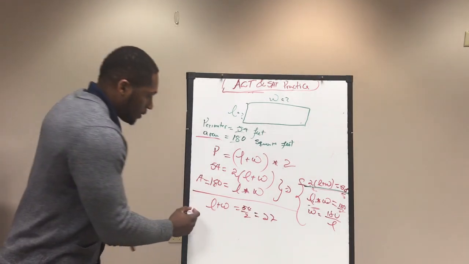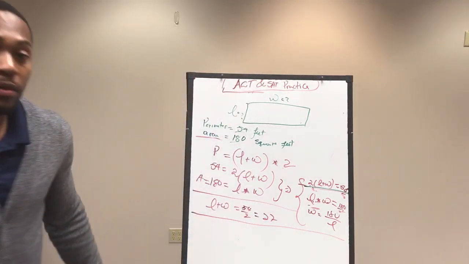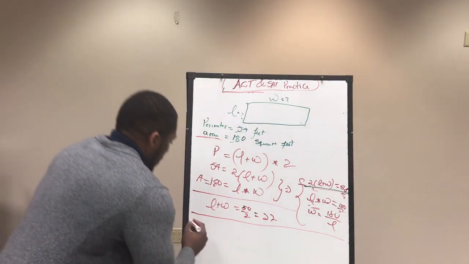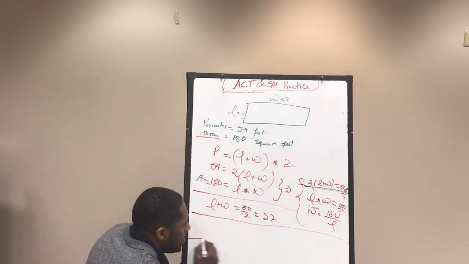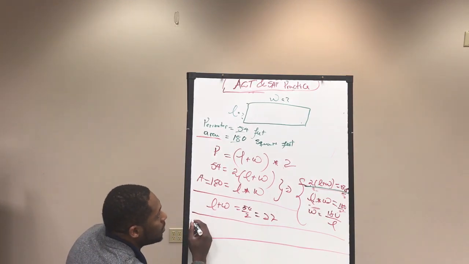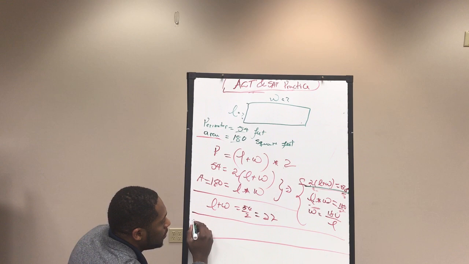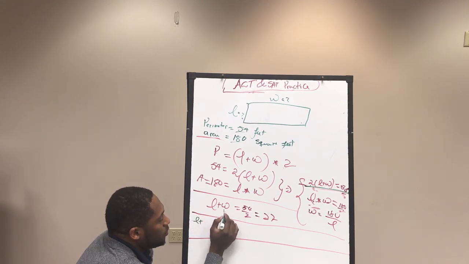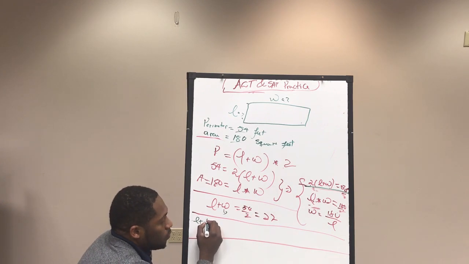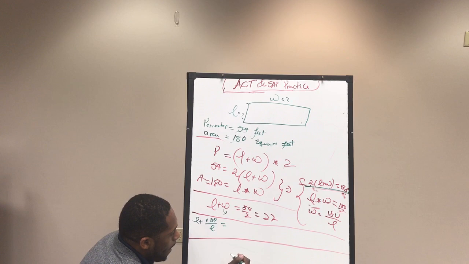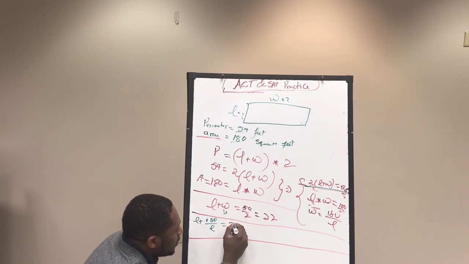So let me see how far down on the board we are. Yeah, I can go a little bit down. Change color. So we have L plus, I can replace W by its value, 180 divided by L, is equal to 27.